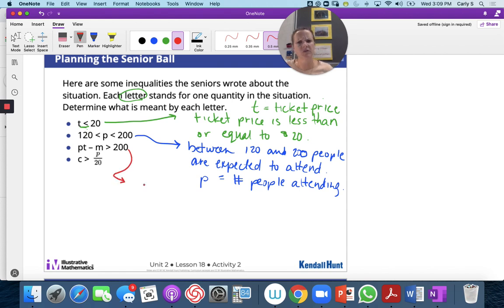Okay, how about this one? PT minus M is greater than 200. How about PT minus M? That's the number of people times the ticket price, which we already defined, minus, what is M?